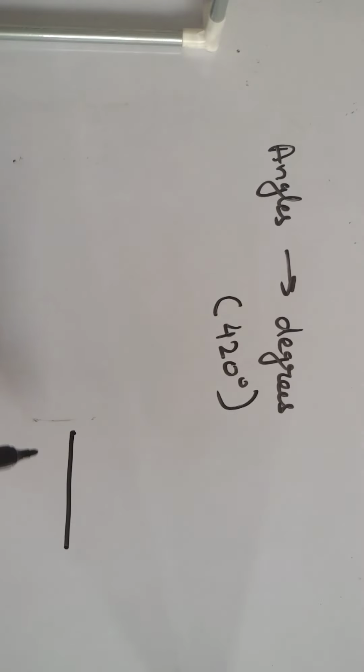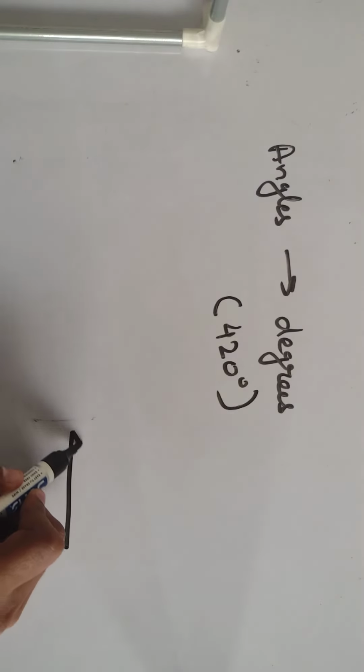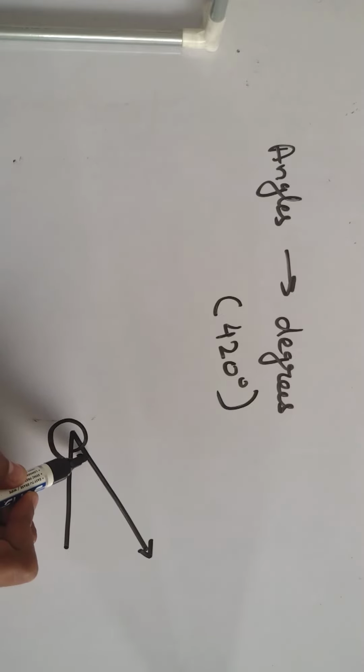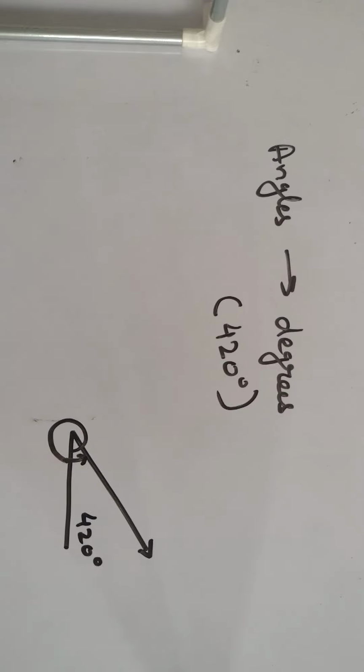It will take a whole circle, a whole round. So this is 360 degrees, and 60 degrees more, right? This is how you will show 420 degrees of angle. This is the angular displacement.